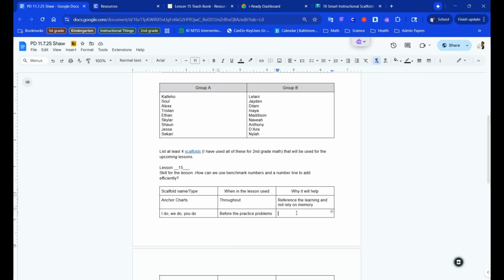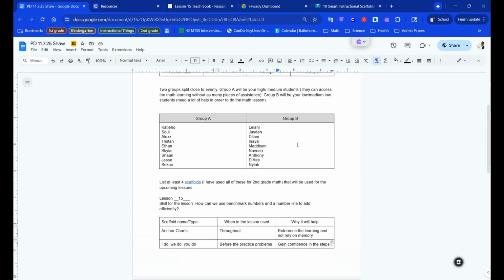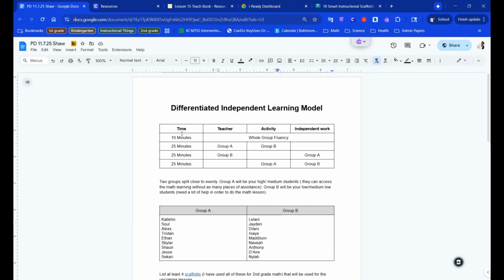We do it together. We have a lot of thought provoking conversations, and then they do it with me right there. That will help them gain confidence in the steps. So those little scaffolds right there, just naming those scaffolds for this lesson, will help them immensely to access the learning.